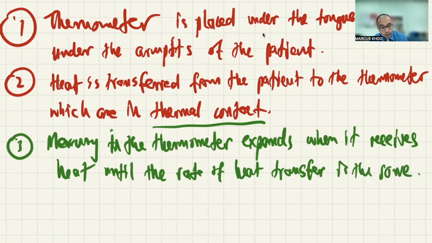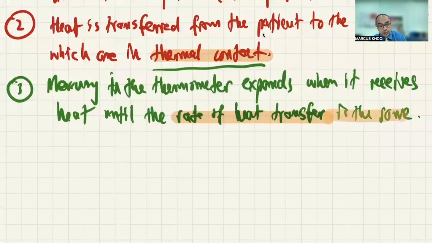Whenever you talk about thermal equilibrium, these few words are kind of non-negotiable: talk about thermal contact, talk about the rate of heat transfer being the same. So when the mercury expands as it receives the heat, until it has the same rate of heat transfer, thermal equilibrium is achieved.